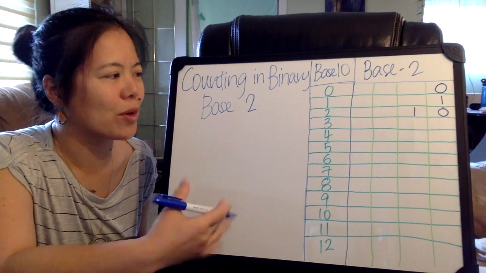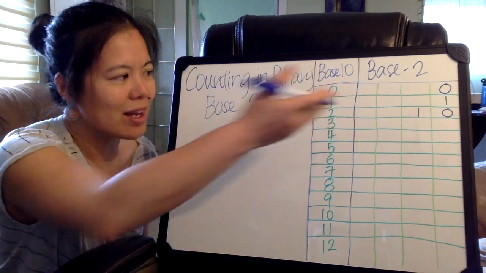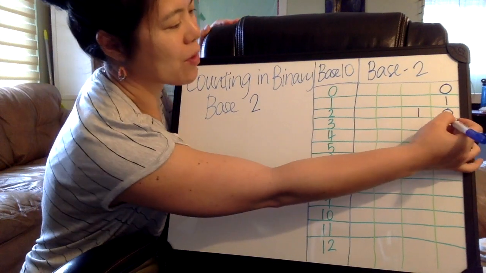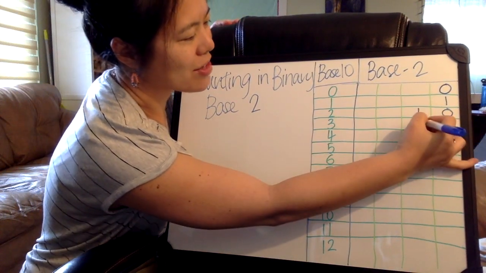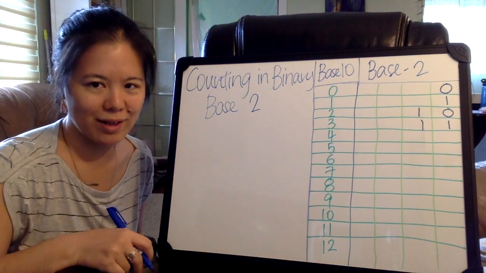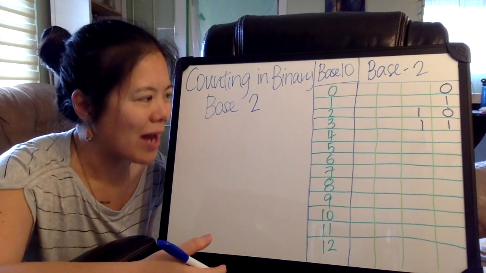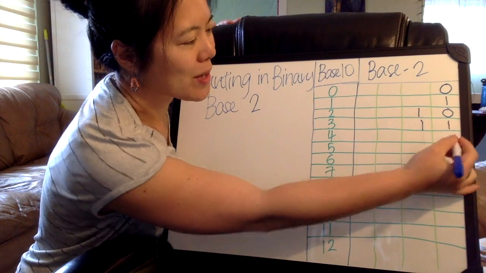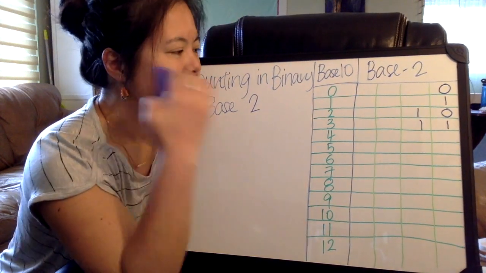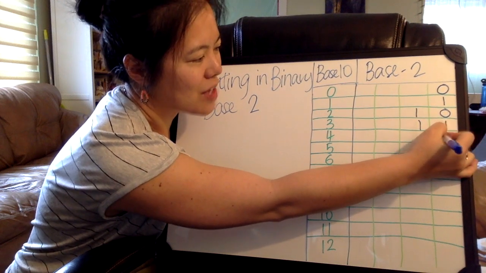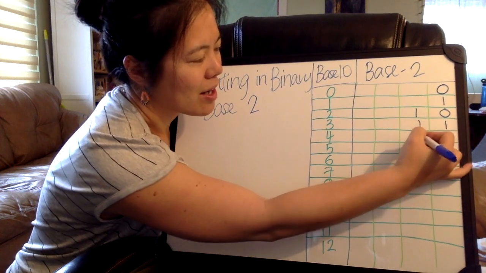And what's next? So you add 1, 2, 1, 0. That part, not too bad. 1, 1. And once again, you add 1 to 1, 1. And what happens? Well, 1 plus 1 is 2. So that means you can't keep that right over there. So you get 0. You carry over 1.